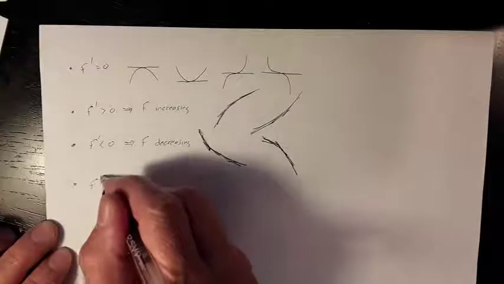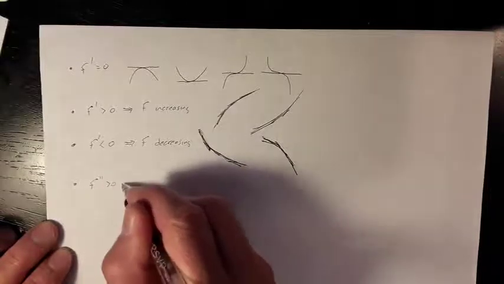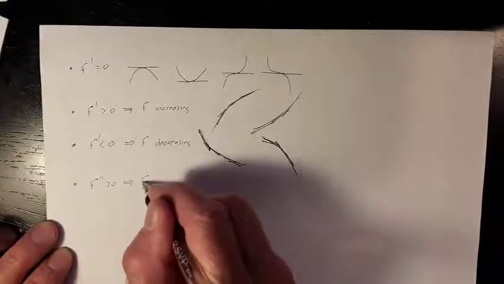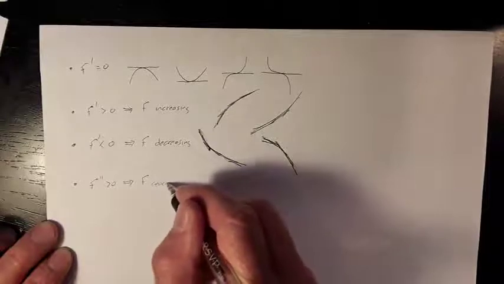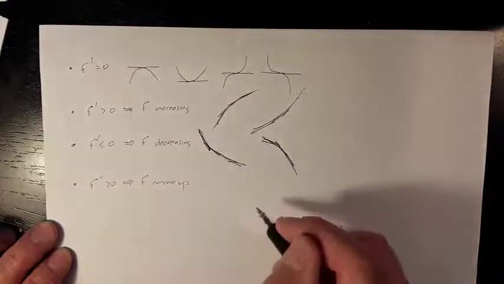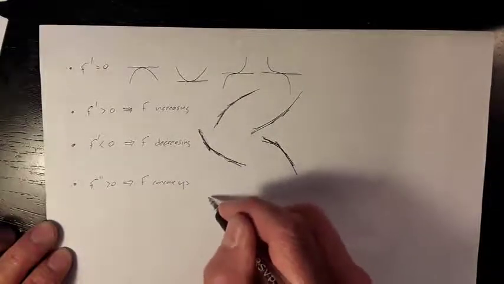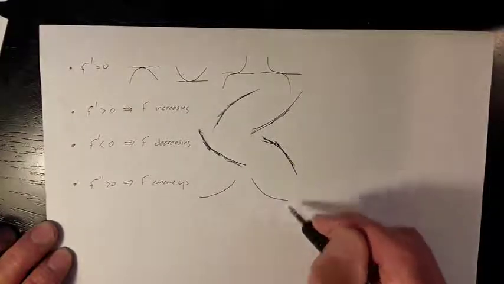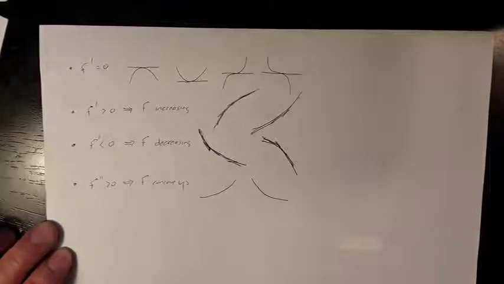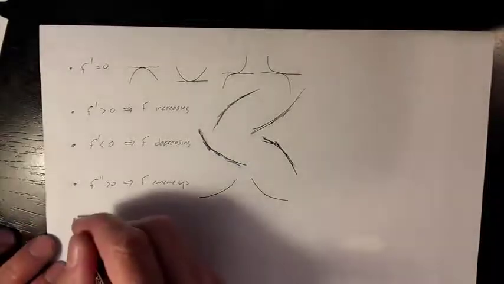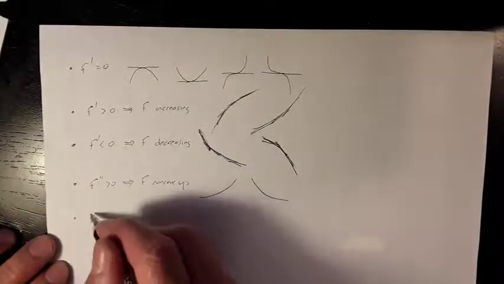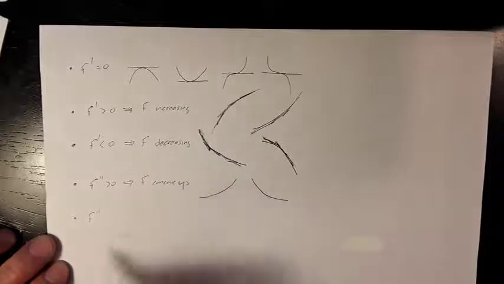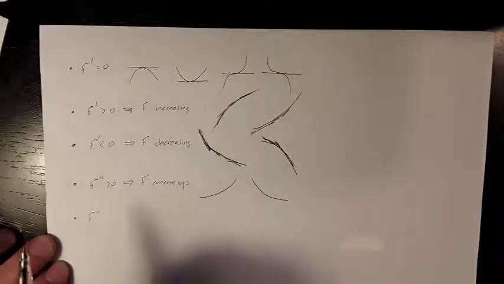When f double prime is greater than 0, that tells you that the function is concave up. In other words, it's got this either increasing cup-up look or decreasing cup-up look. That's concave up. I'm not going to go into the description of it right now. It's a little bit more of a long-winded description. A lot of people don't quite catch it the first time by.